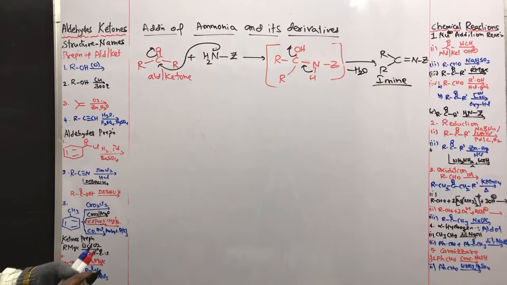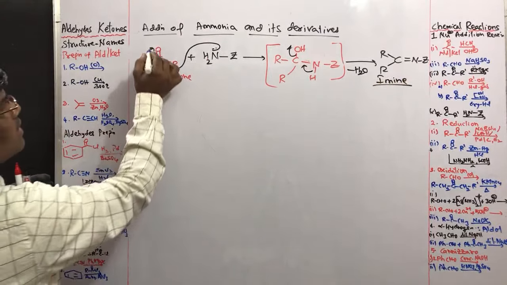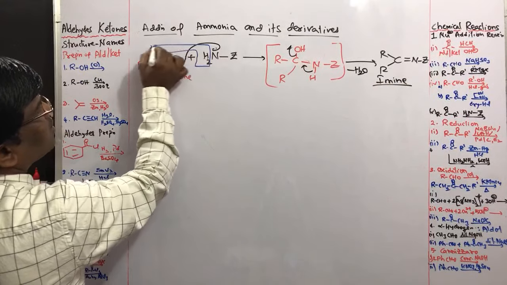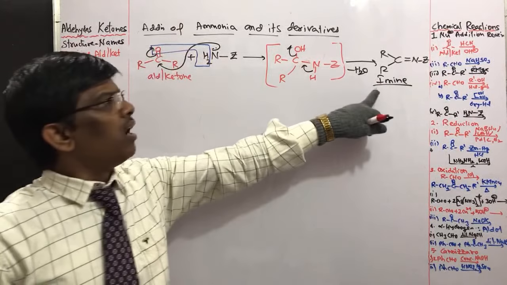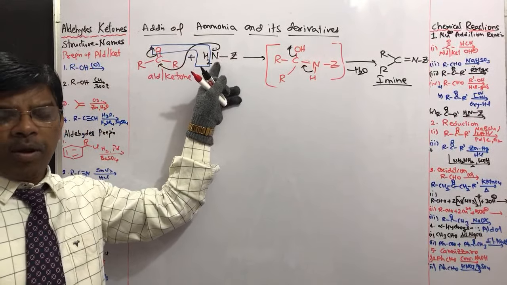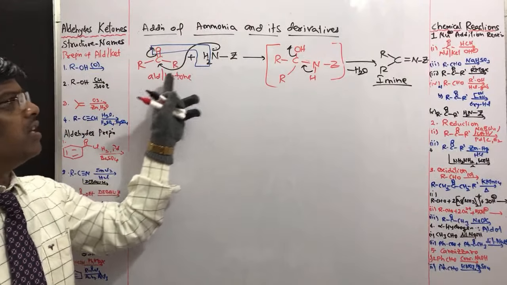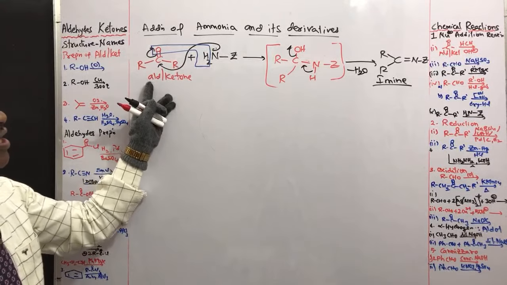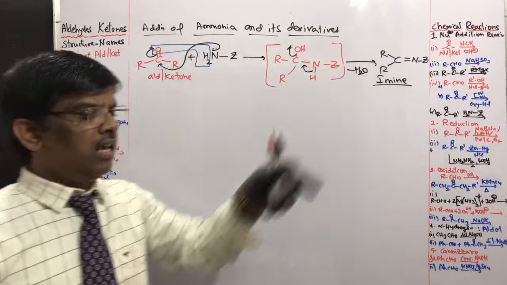So overall what is happening? Simply this oxygen and this hydrogen is going out as water to form a carbon and nitrogen double bond. So this is the overall reaction, students. Throughout all these examples, it is going to form a double bond, right?